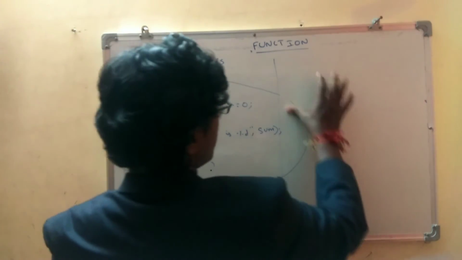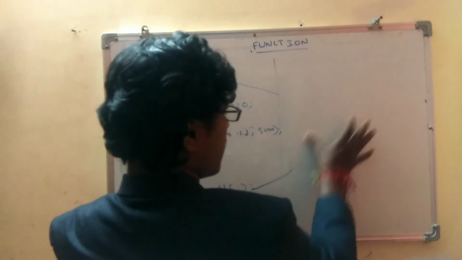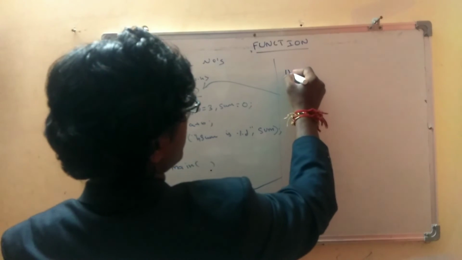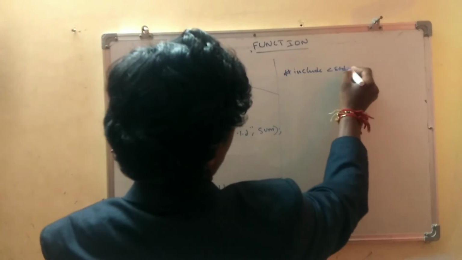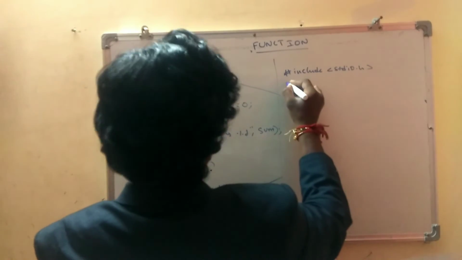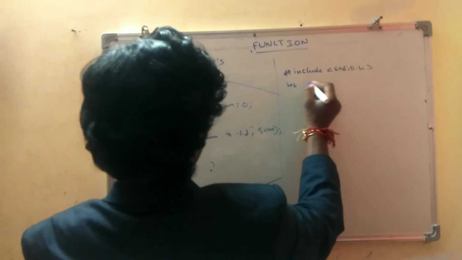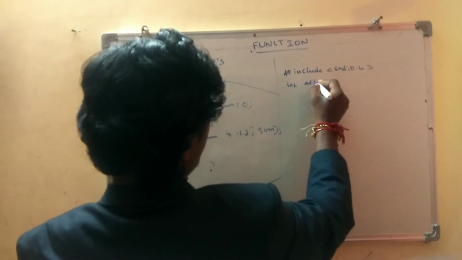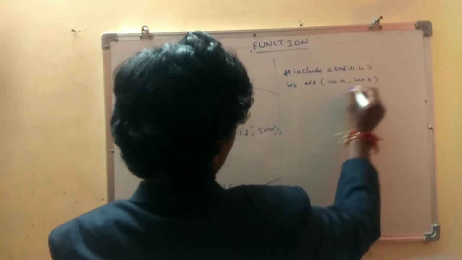And here I am using only the default parameter. If we use double parameters, how can we write the code? Hash include stdio.h, and here void or int add of int a comma int b.